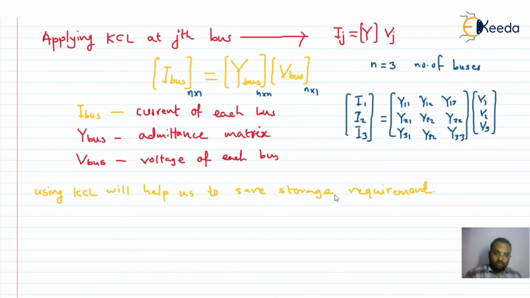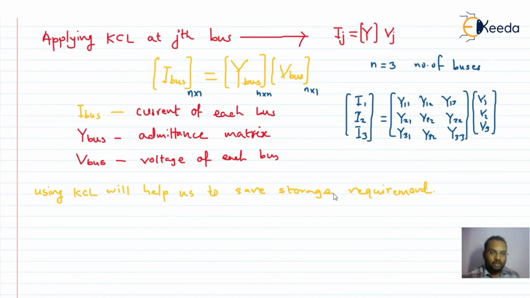How it will help us save storage, or use the minimum storage, I will tell you in the next to next lecture, which is related to the properties of the Z bus matrix.